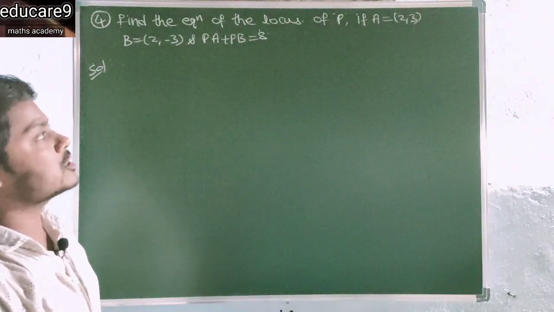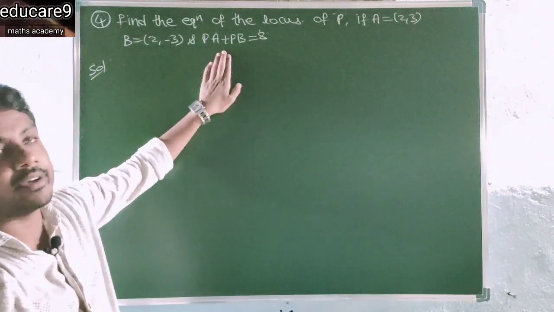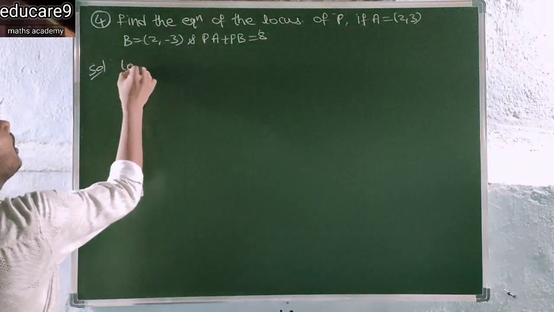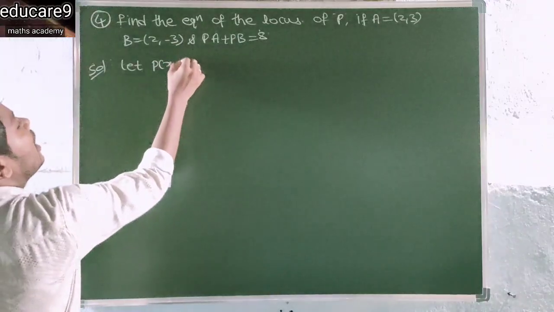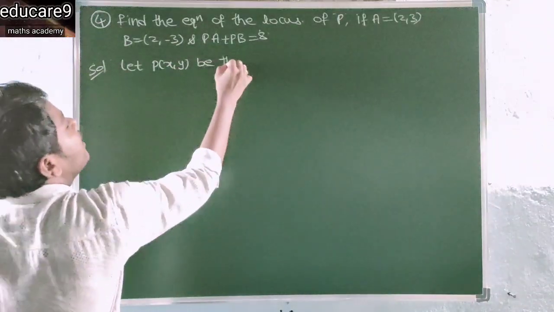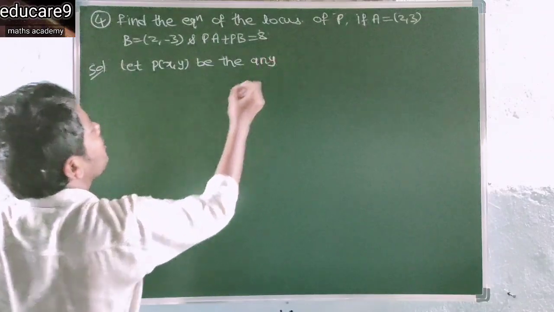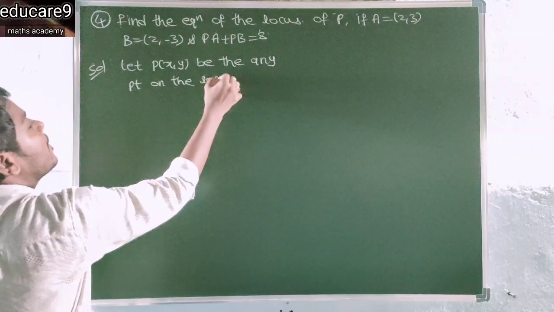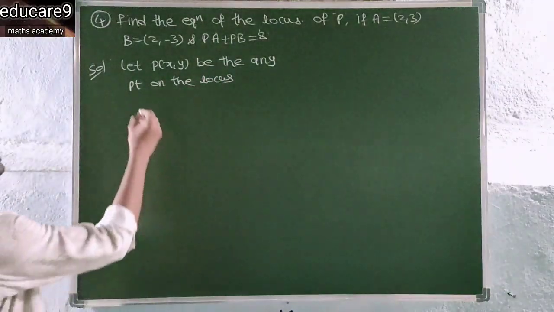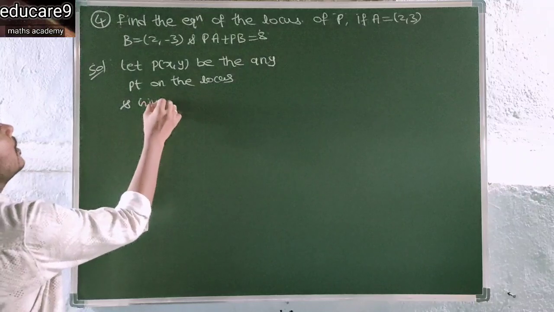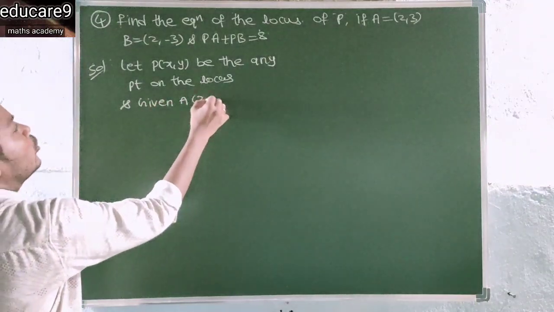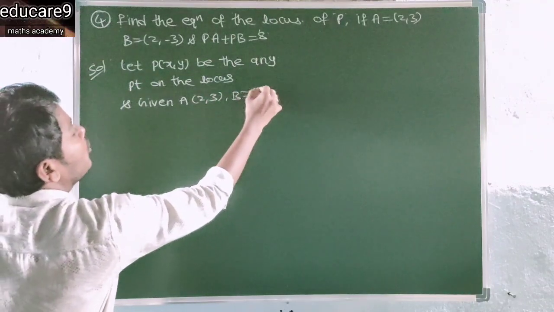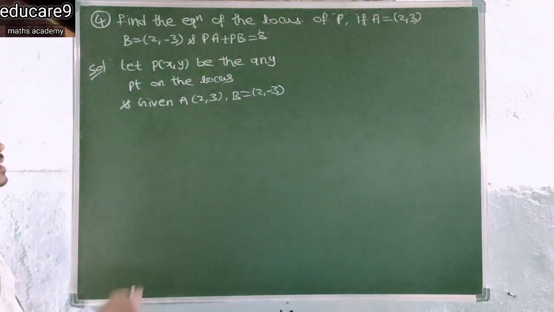Find the equation of the locus of P if A and B are given and the given condition is PA plus PB equal to 8. So here first let P(x, y) be any point on the locus. And given A (2, 3), B (2, -3).